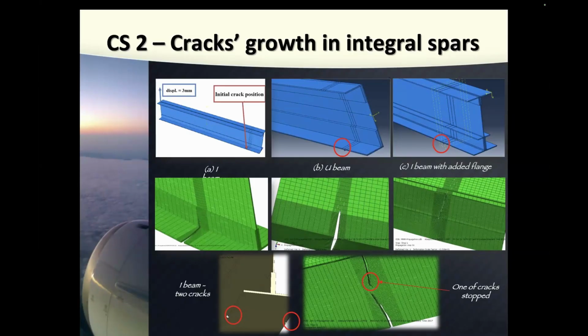It was compression, not tension. And this crack stopped, which is also interesting. So this design can even stop the crack on one side if two cracks appear simultaneously. What is my point? Using numeric methods, you can play with a lot of things and then improve your design.